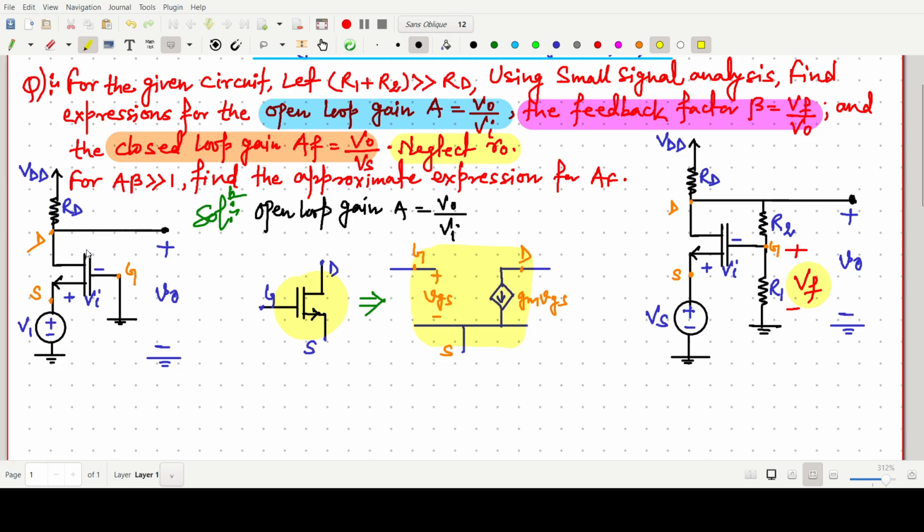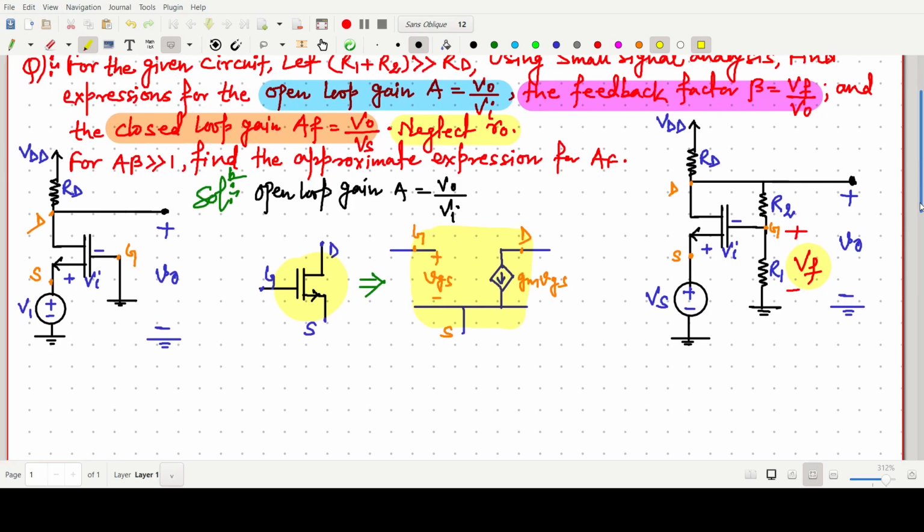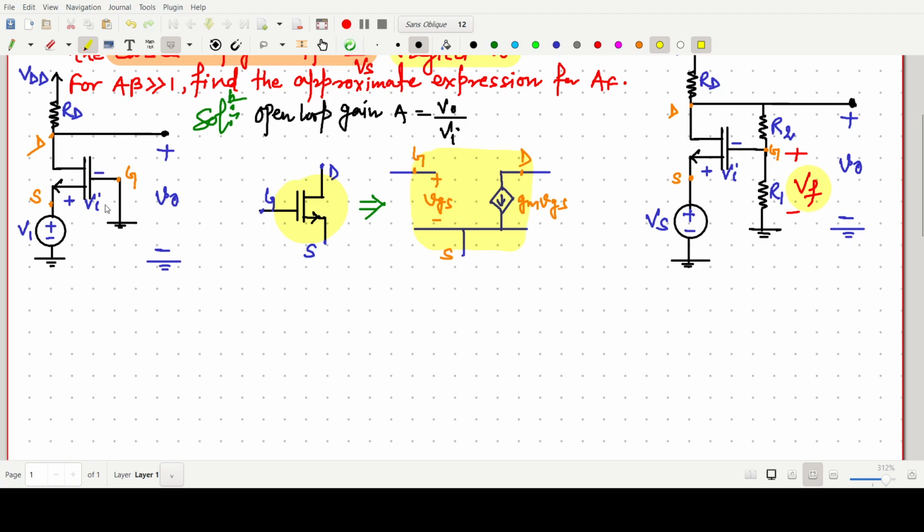For the open loop gain, now we are not thinking about the feedback part. Then after that we have to concentrate on this circuit, so we have to make a small signal model. First we have to make the gate, drain, and source.